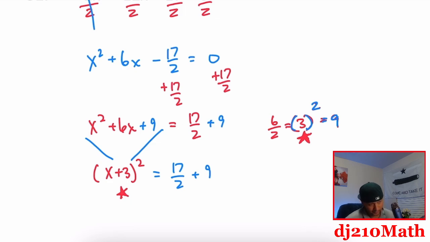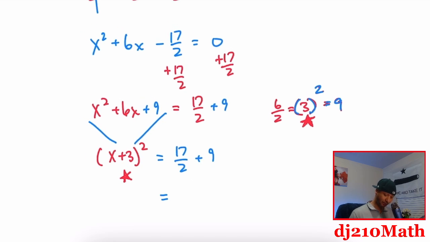Okay, here you might not like this part because it's dealing with fractions, but I promise if you just think about it logically and use one little trick, it's not that bad. 17 over 2 plus 9. Yes, you can get a common denominator, or if you add these two together, you get 9 and 17 halves. That's a mixed number, and there's a little trick to turn this into an improper fraction.